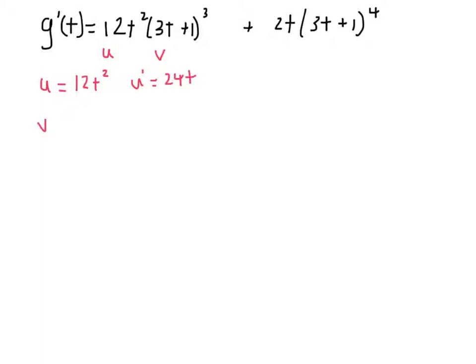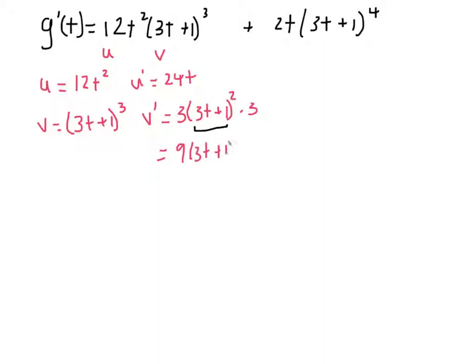If I make v equal 3t plus 1 cubed, that makes v prime equal to 3 times 3t plus 1 squared, that's the power rule portion, times 3, and that's the chain rule portion because this derivative here is just 3. So v prime here is 9 times 3t plus 1 quantity squared.